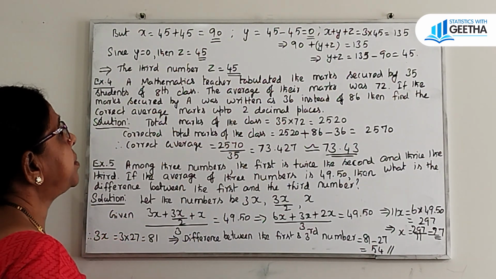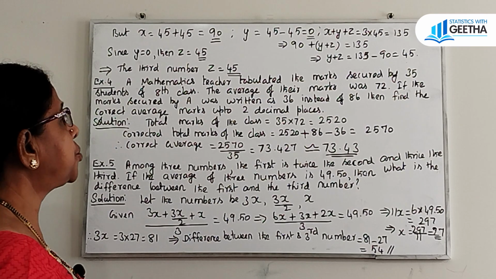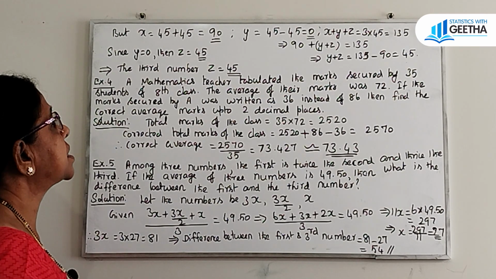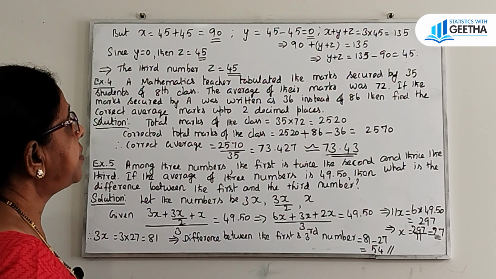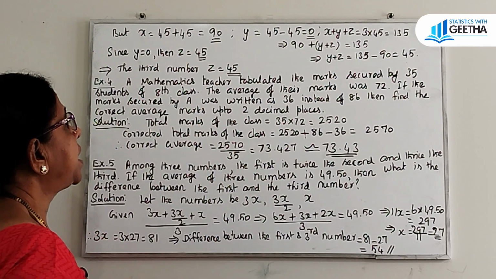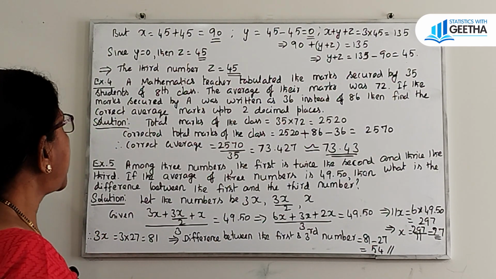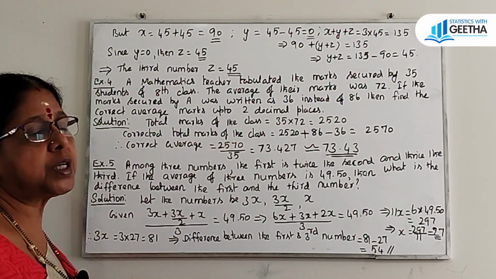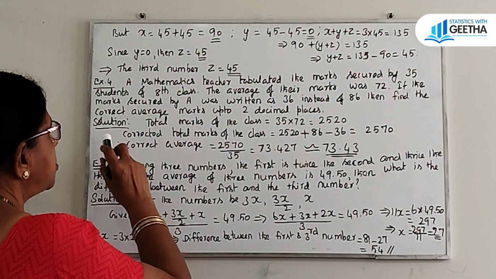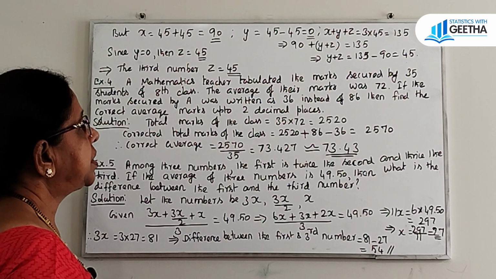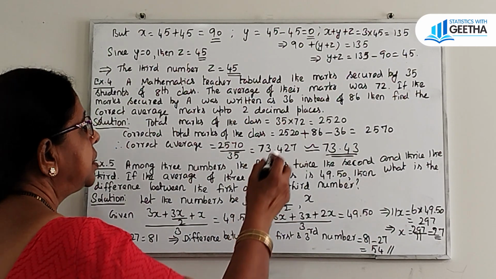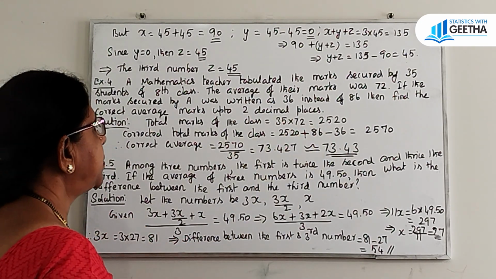Exercise number 4: a mathematics teacher tabulated the marks secured by 35 students of 8th class. The average of their marks was 72. If the marks secured by A was written as 36 instead of 86, then find the correct average marks up to 2 decimal places. Solution பாருங்க, total marks of the class 35 into 72, that is 2520.